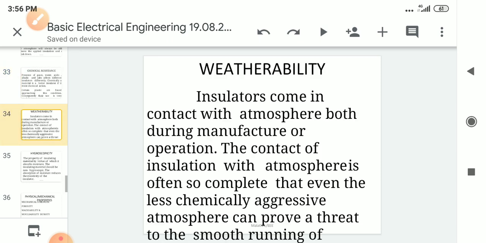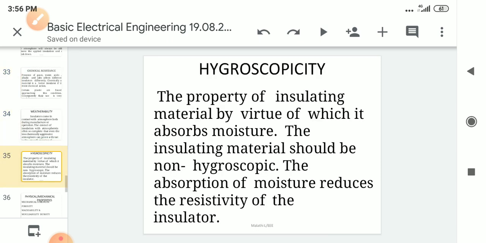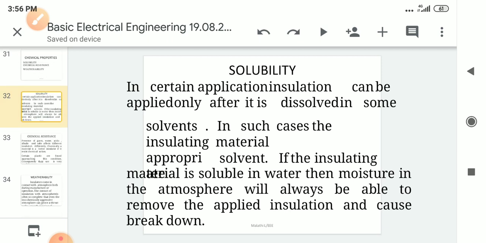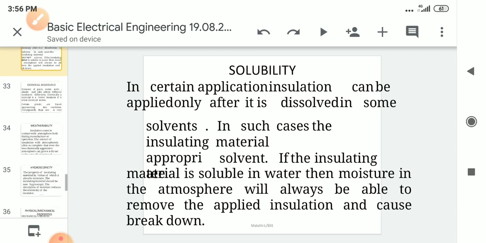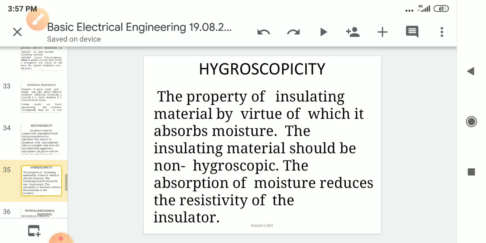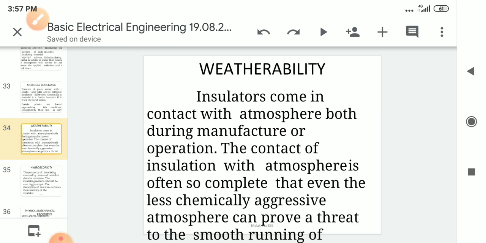Okay, this is about weatherability and hygroscopicity. After the chemical properties, what have we observed? We have observed the chemical properties of solubility, chemical resistance and weatherability. Weatherability means it must be non-hygroscopic in nature. These are the chemical properties.